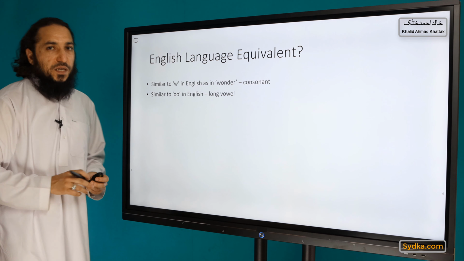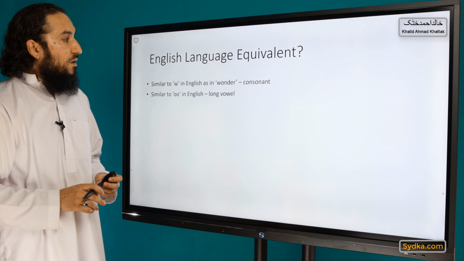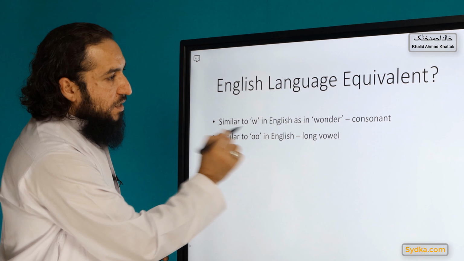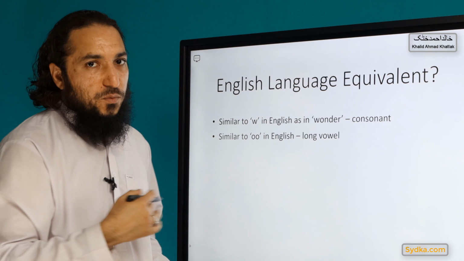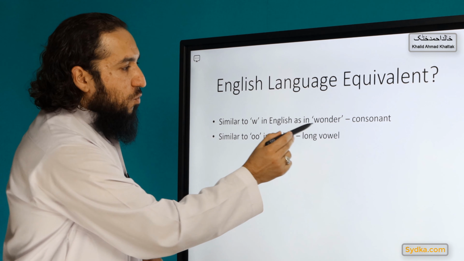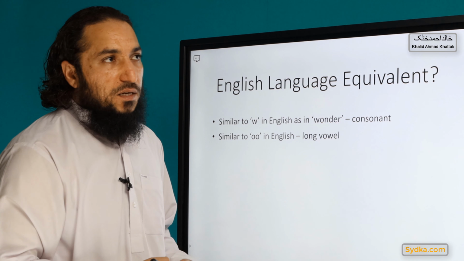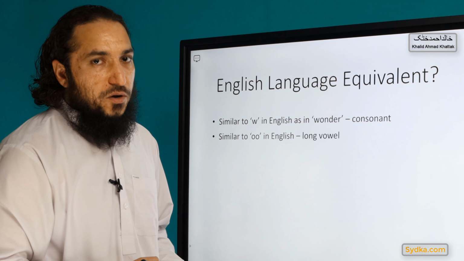So the English equivalent for Waaw, there are two. If it is written as a consonant, as in the word wonder, that's equivalent to Waaw when it is used as a consonant in Arabic.